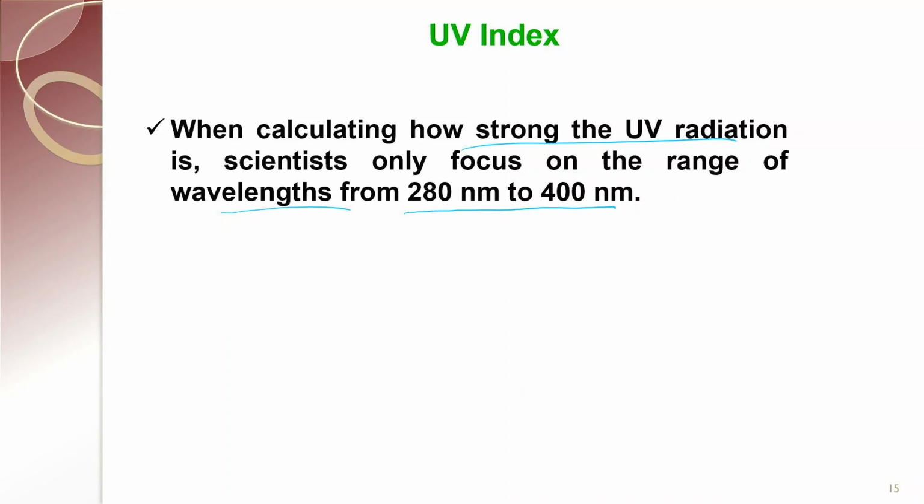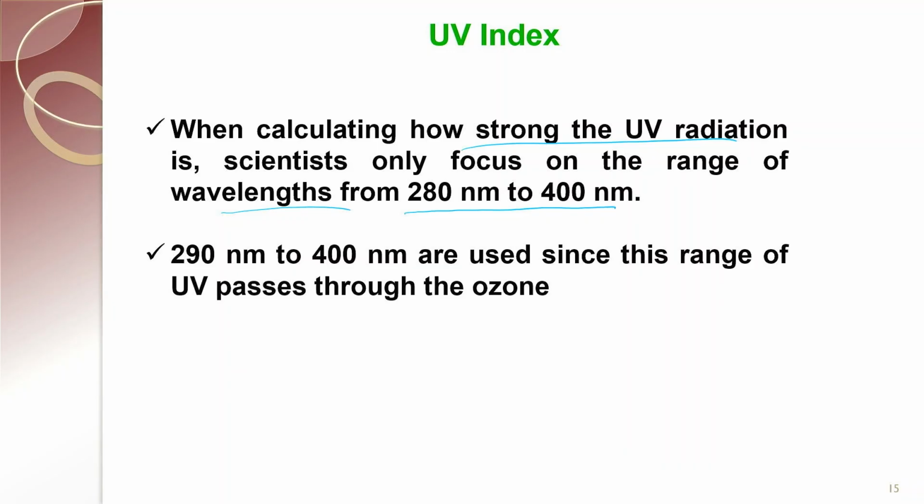Within that range scientists focus, because that is the wave which comes to the earth. 290 to 400 nanometer, that wavelength is used, since that range of UV passes through the ozone layer, that is the range, that this will be 280. At that range it is passing through the ozone layer.